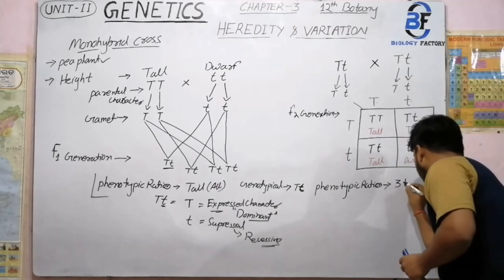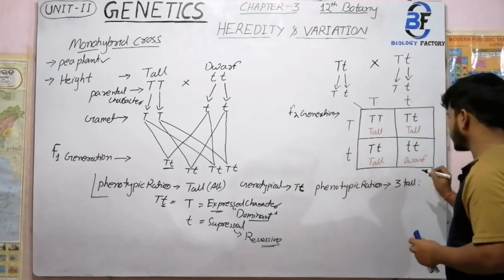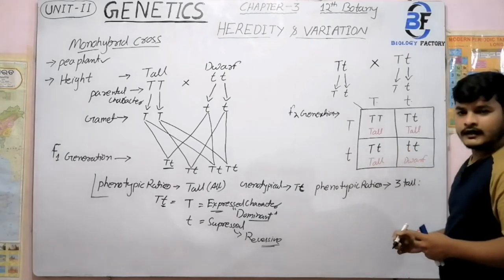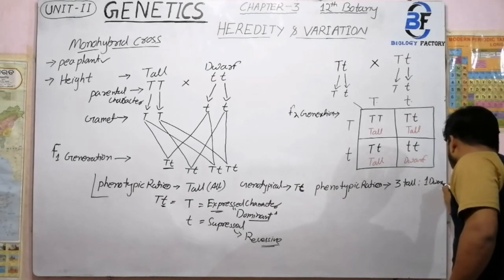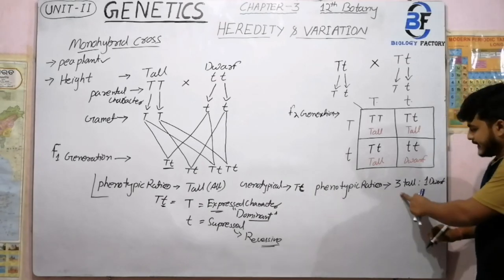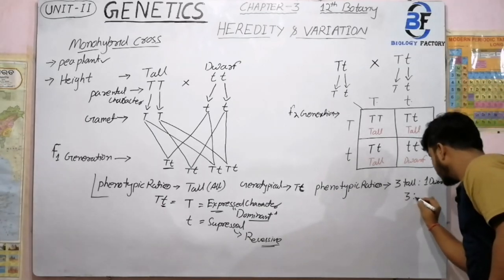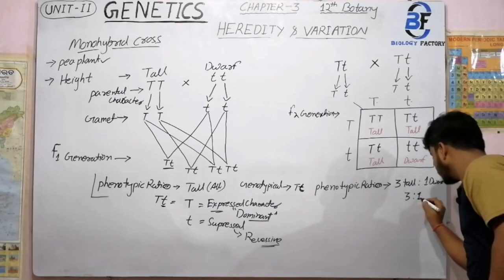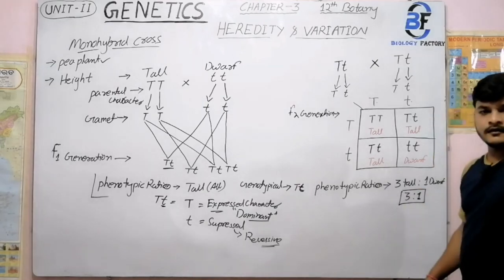So 3 tall and, next, 1 dwarf. So 3 tall, 1 dwarf, and the resultant is 3:1. Or actually we also write it like this.